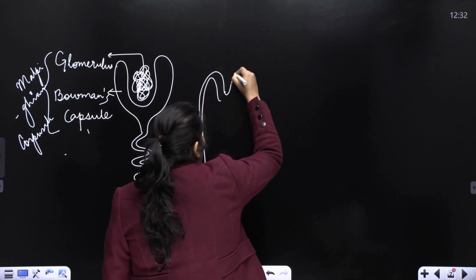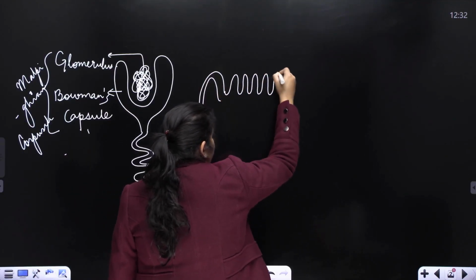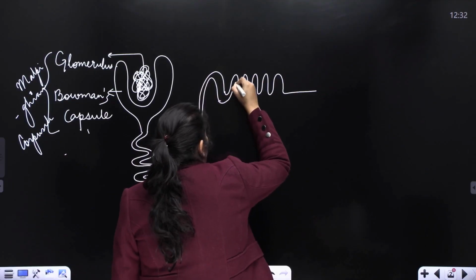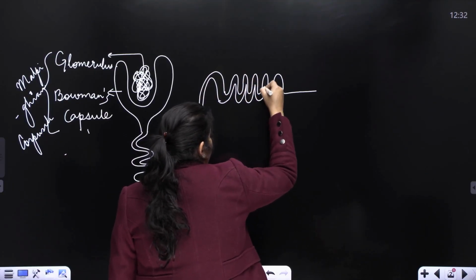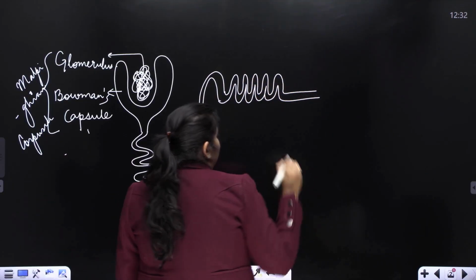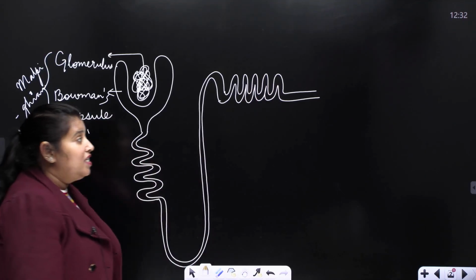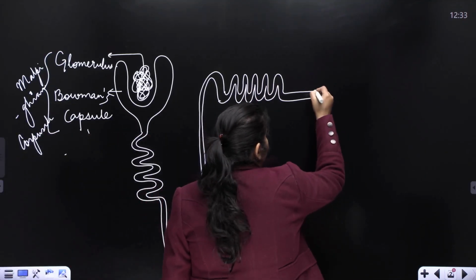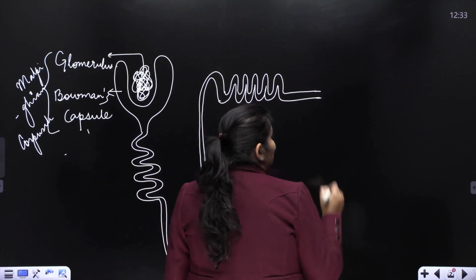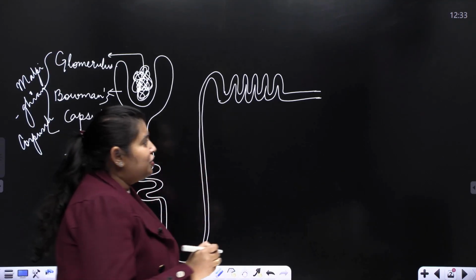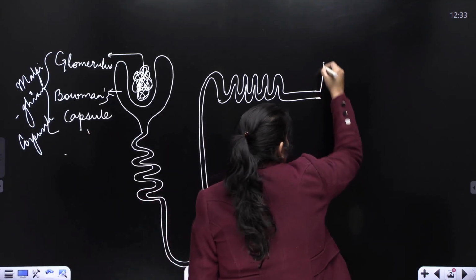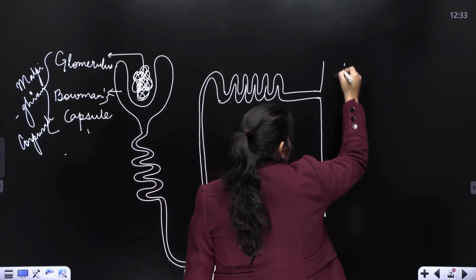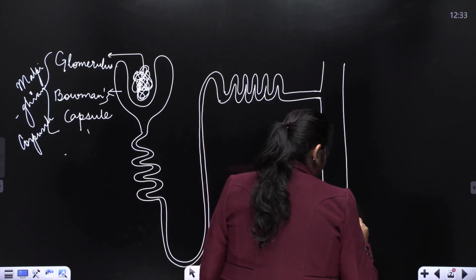And then we have the DCT, the distal convoluted tubule. And it ultimately leads into this narrow structure, which is called the collecting tube. The collecting tube opens into the main collecting duct.